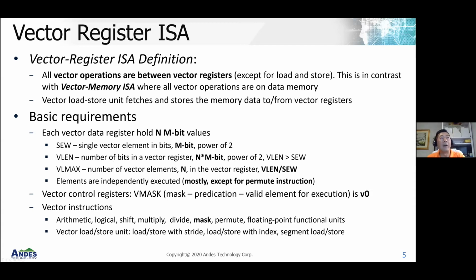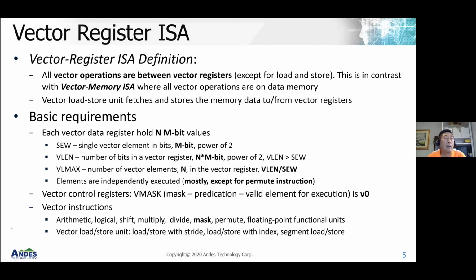The vector length is a multiplication of the number of elements with the element width, and all have to be a power of 2, of course. VLEN has to be greater than SEW. VLMAX is the number of vector elements n, which is VLEN divided by SEW. All elements are supposedly executed independently, mostly except for the permute instructions.